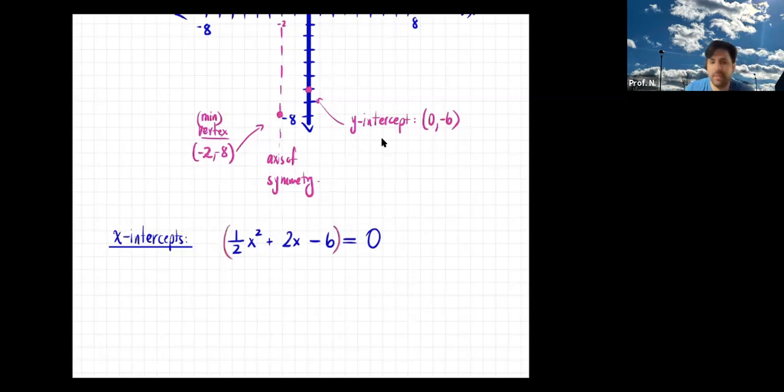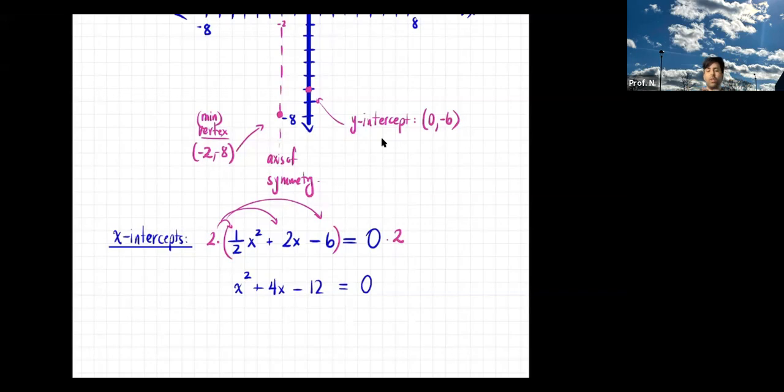I don't like this 1/2 in front of it. If I multiply everything by 2, what happens? When I distribute the 2, I get x squared plus 4x minus 12 equals 0. So when I multiplied everything by 2, I did not change the solution of the equation.